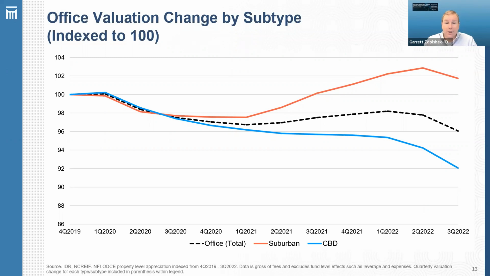Again, I think I just showed a quick example of subsectors matter, right? If you were in suburban office and not CBD office, and I think I just mentioned, not every asset performs the same. So there are instances where specific buildings perform a lot differently, right?